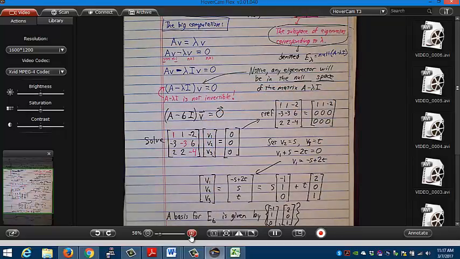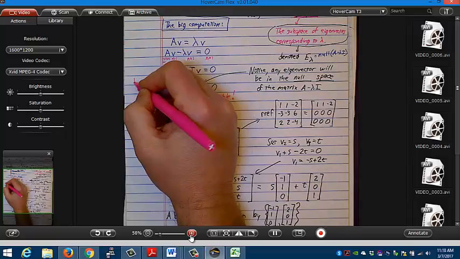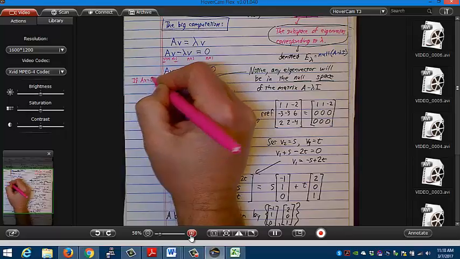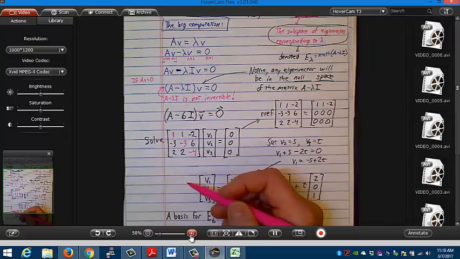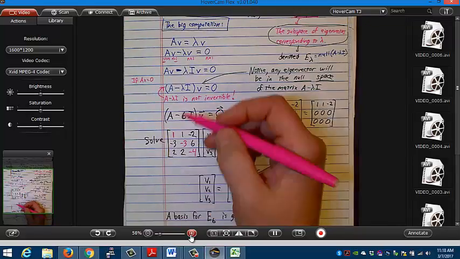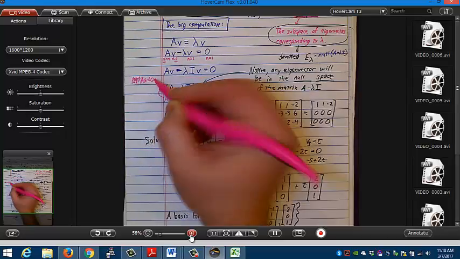Does that make sense? How do I know that? Well, because AX equals 0 is non-trivial. You're remembering the fundamental theorem of invertible matrices. One of the big things was, if AX equals 0 has non-trivial solutions, then you're not invertible, right? So you're right. That's the whole key.